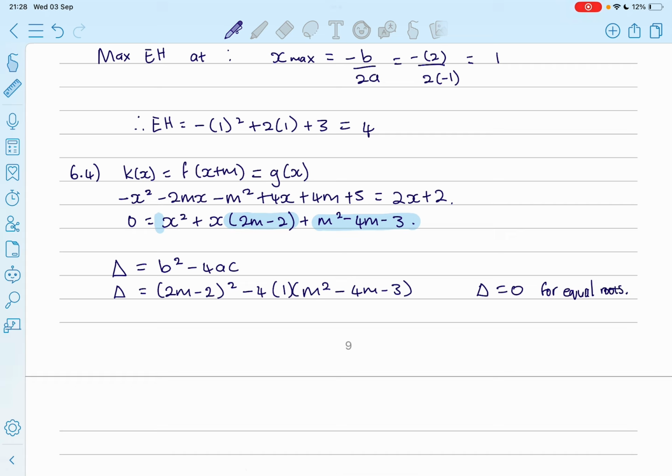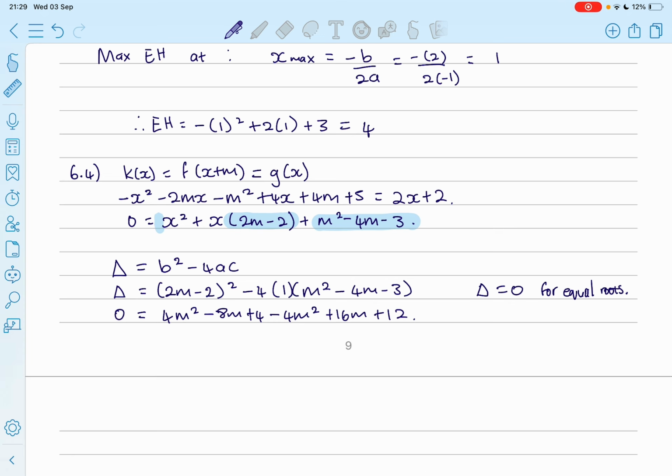Okay, so now we're going to have 0 is equal to 4m squared minus 8m plus 4. And then this will be accompanied with minus 4m squared plus 16m, and then minus 4 times 3, that's plus 12.